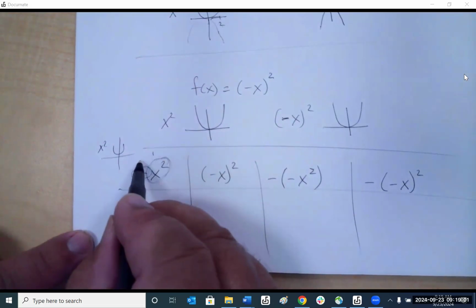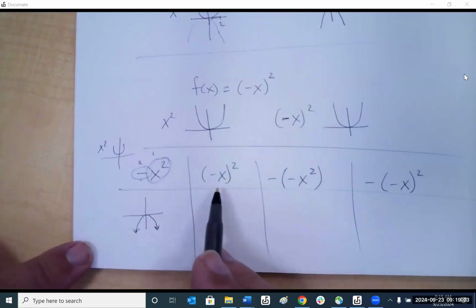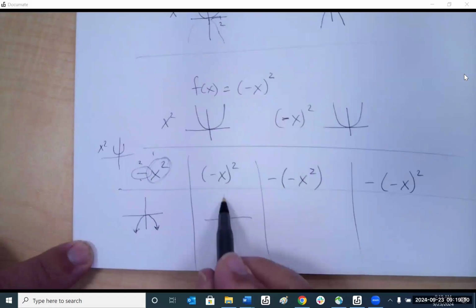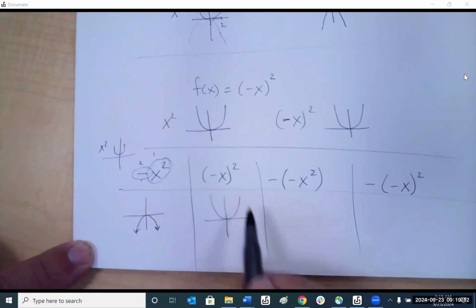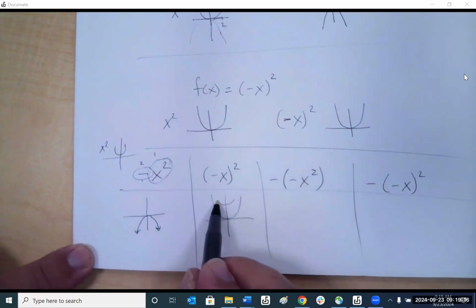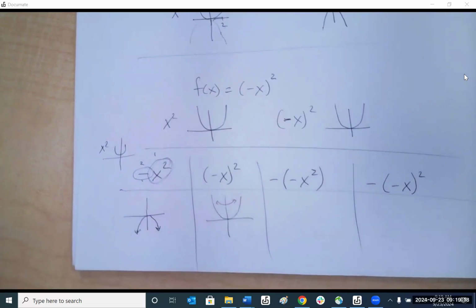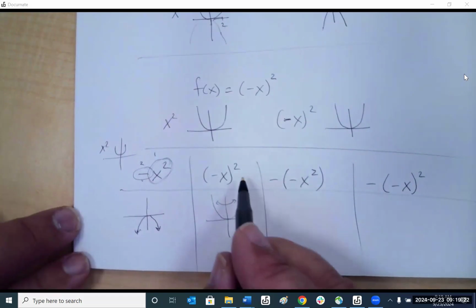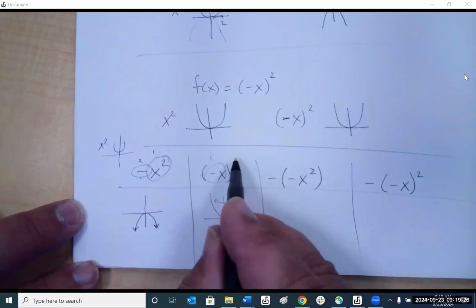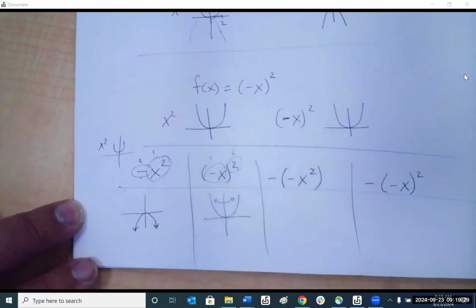How about this one? Going up on the y-axis, same as the original, because all this does is rotate about the y-axis. It still looks the same. And then I square it. So I do this first and then this second.